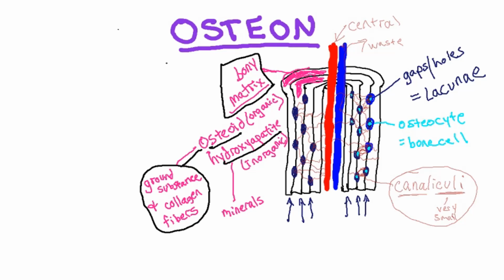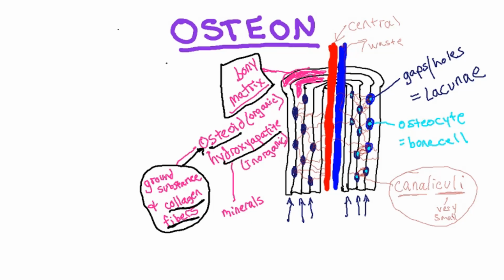The ground substance kind of holds everything together. But there's one thing about these concentric lamellae and this osteon, the way it's constructed, which is pretty cool. And it has to do with the collagen fibers from the osteoid component of the bony matrix.